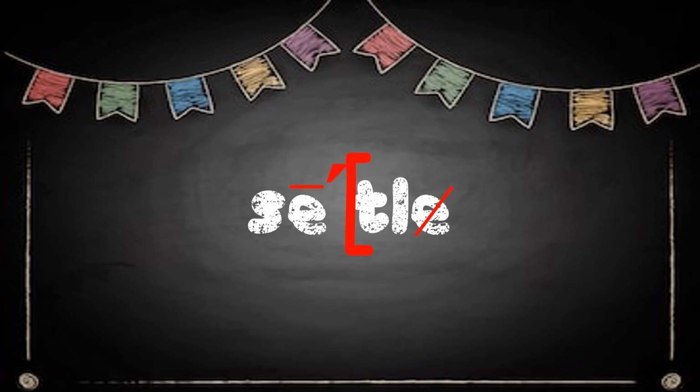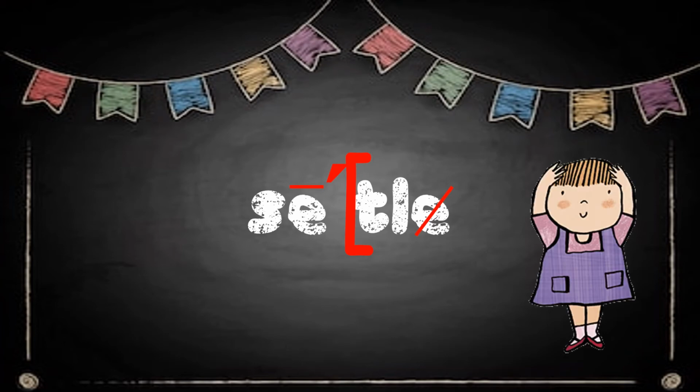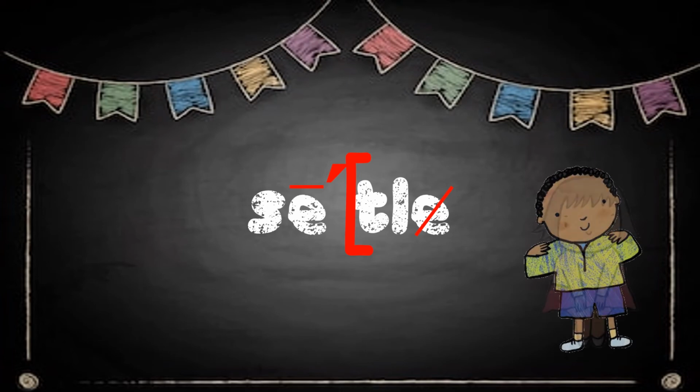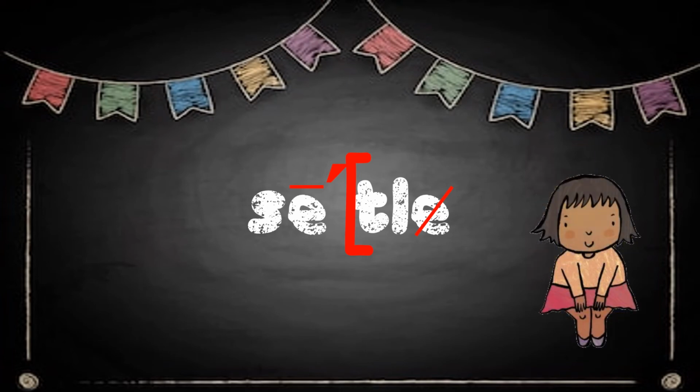Let's sound out our word again and see if we can figure out what's missing. S-E-T-L. What did we hear after the E sound? S-E-T-L. We heard the T sound.